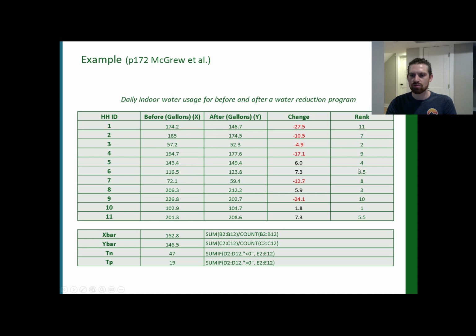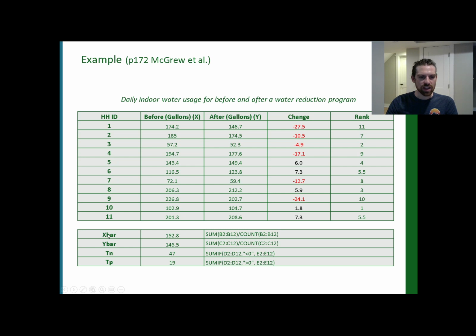We can allocate the ranks, okay, so you can see that these ranks relate to the absolute values. What that means is that we ignore the positive and the negative bits and then rank them from smallest to largest. And you're going to end up with 1.8 being the smallest, and at rank 11, 27.5 will end up being the largest, okay.